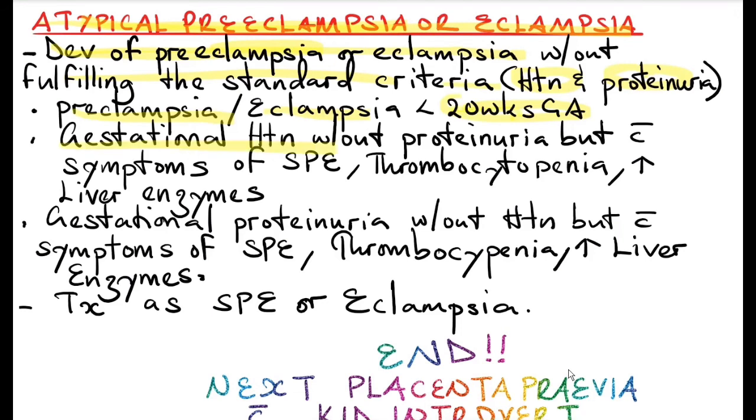Or gestational hypertension without proteinuria, but the patient has symptoms of severe preeclampsia and the lab results are showing thrombocytopenia and increased liver enzymes. Or you can have gestational proteinuria without hypertension but with symptoms of severe preeclampsia, thrombocytopenia, and increased liver enzymes. Regardless, treat this patient as severe preeclampsia or eclampsia.